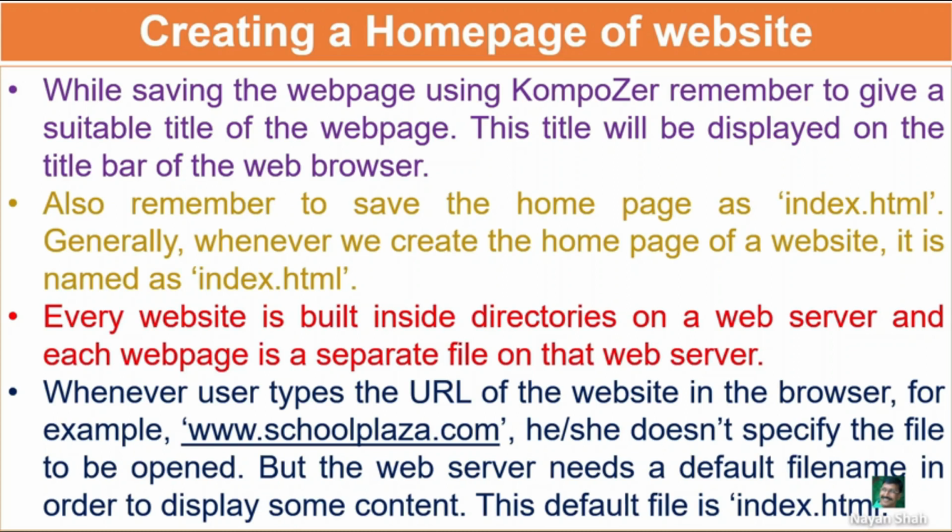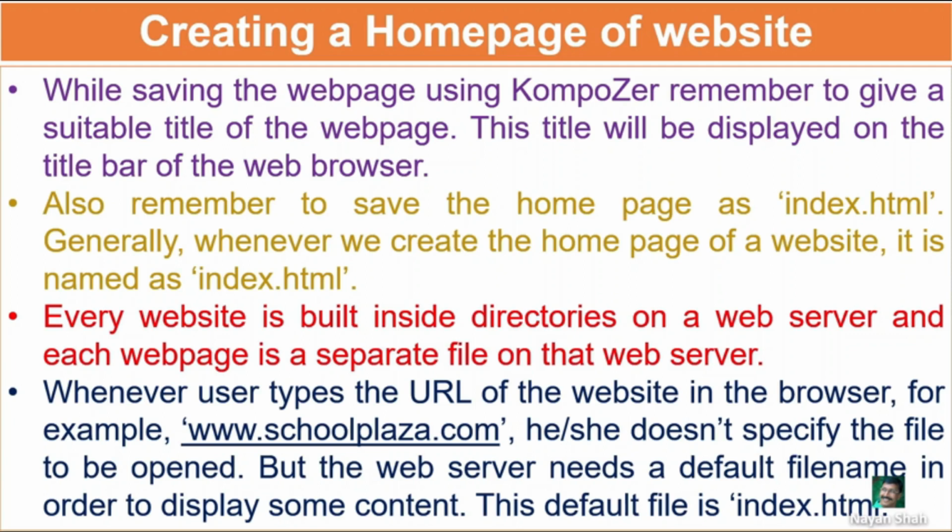So generally whenever we create the home page of a website, it is named index.html. Every website is built inside directories on a web server, and each web page is a separate file on that web server, as you know very well. Suppose your website contains 15 web pages, that means there are 15 different files, because each web page is considered as one file.